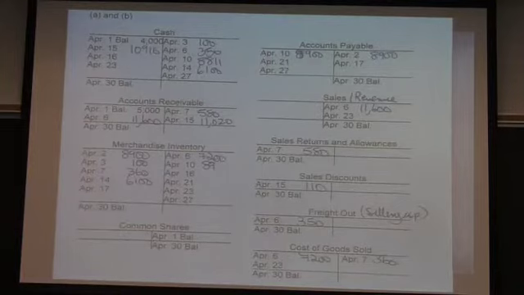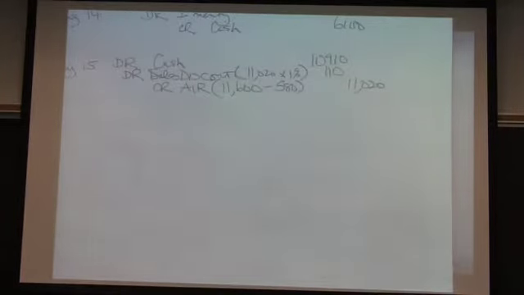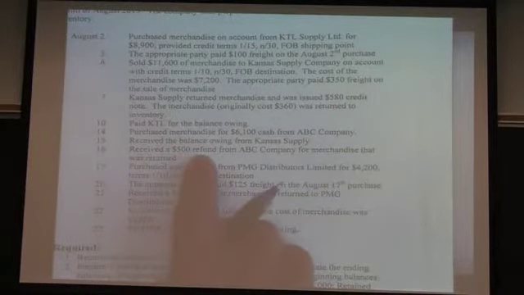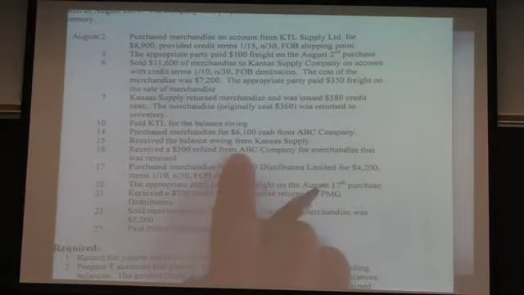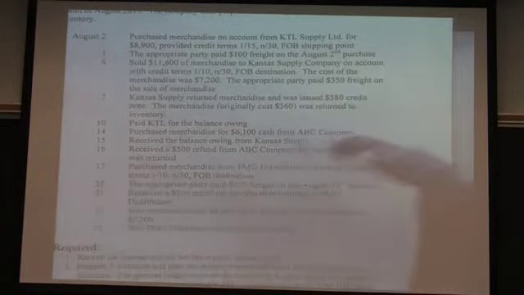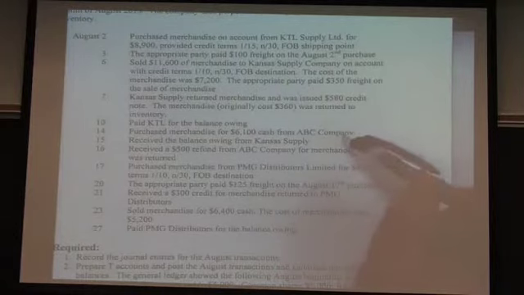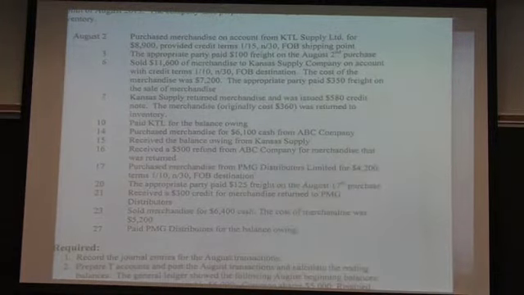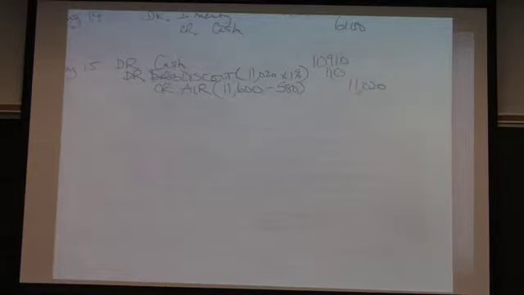Okay, so let's look at the next transaction. On the 16th, I received a $500 refund from ABC for the merchandise that was returned. Remember, we bought $6,100 from ABC, and now we returned $500 worth of merchandise.